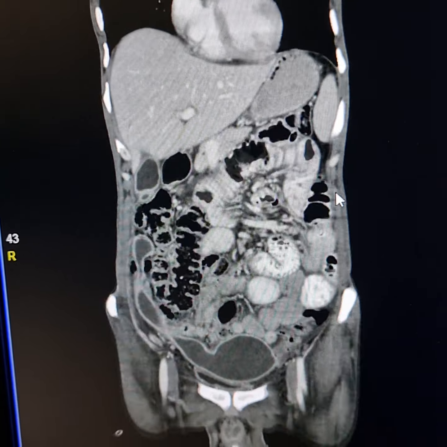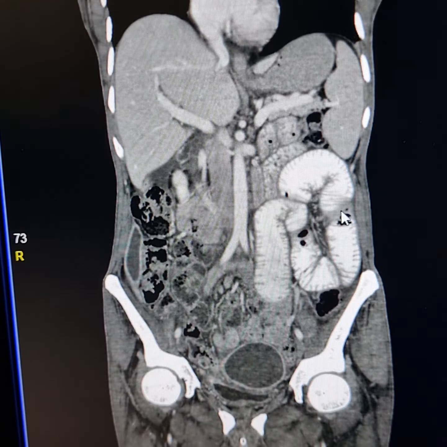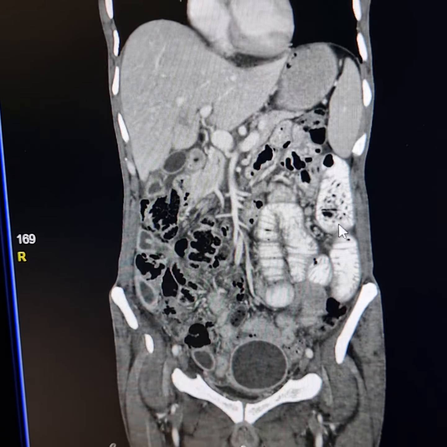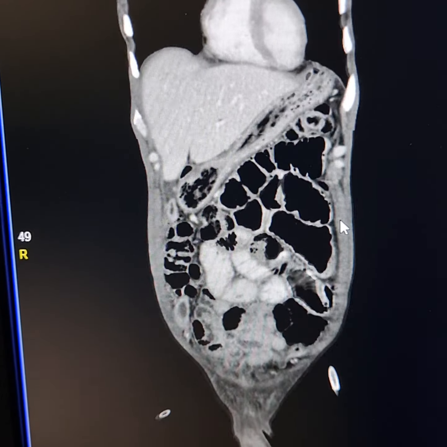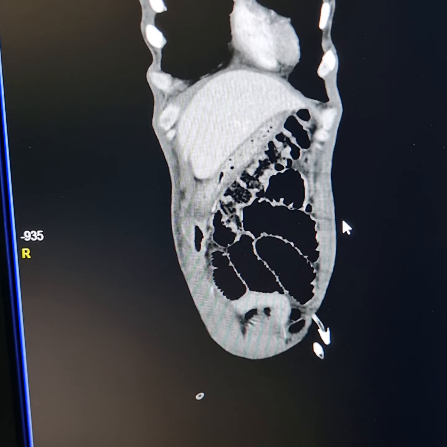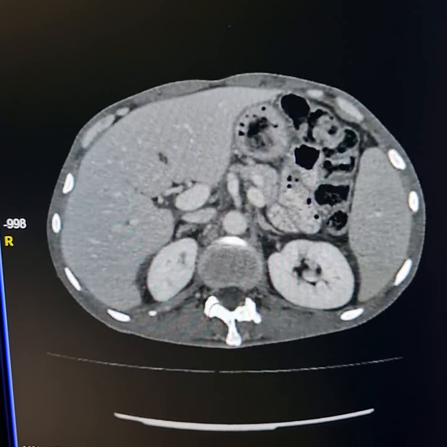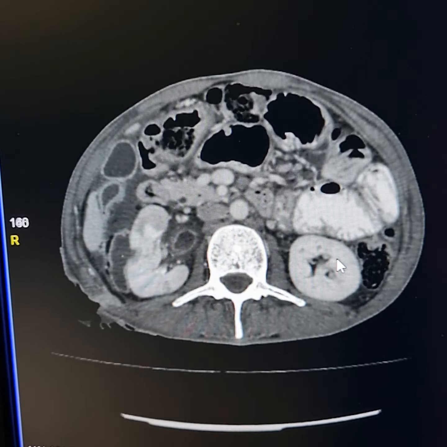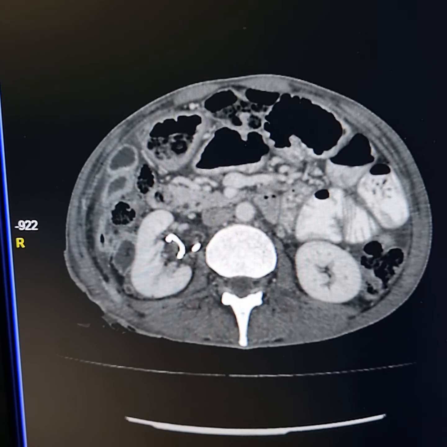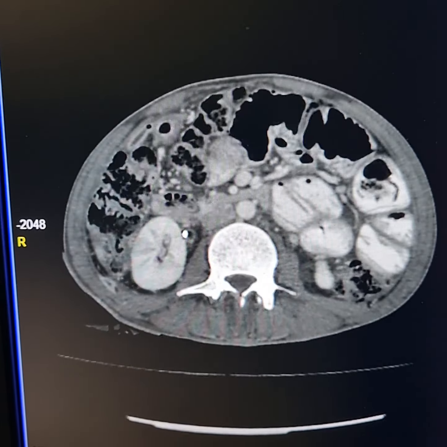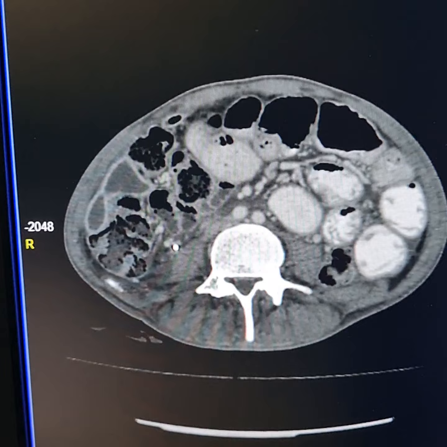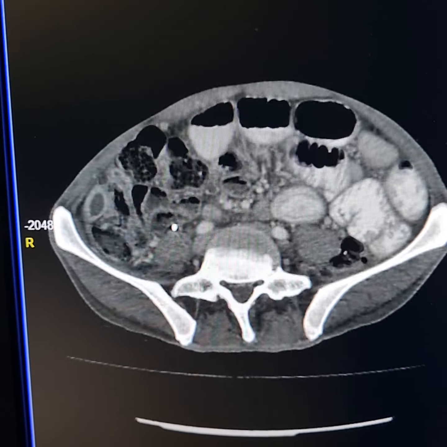Now please observe that these are the dilated segments of jejunum here. I will show you these again in the axial scan. These are the dilated jejunal segments. These are suggestive of subacute small gut obstruction due to adherence.